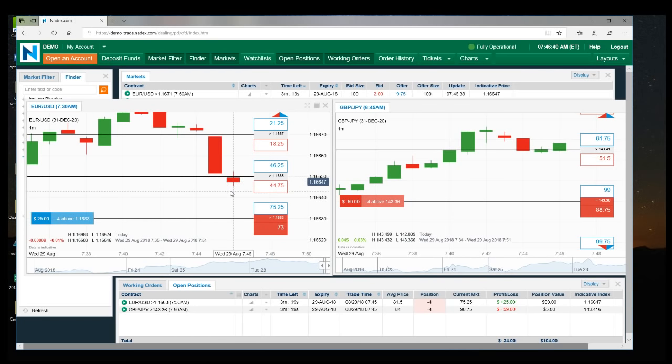Really want to see more bearish bars come in here. You can see we had a gap from this bar to this bar. Also a gap from here to here. That just tells you that it may actually move below the 1663 area.